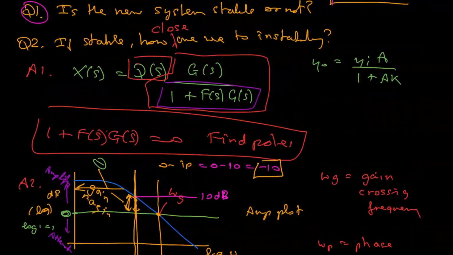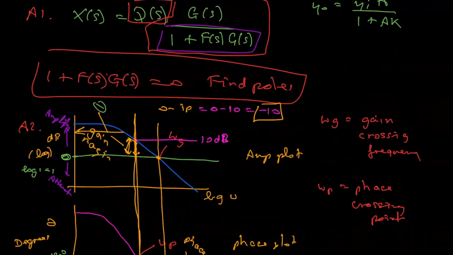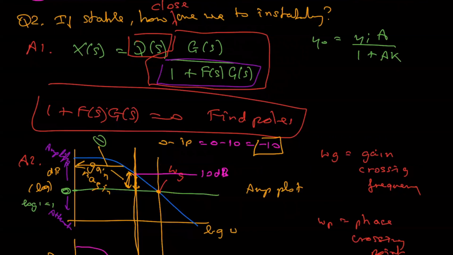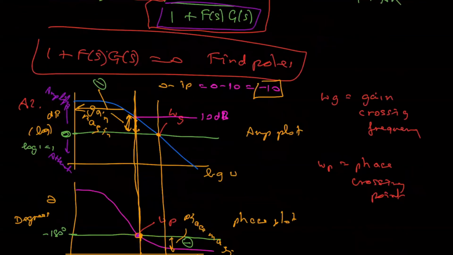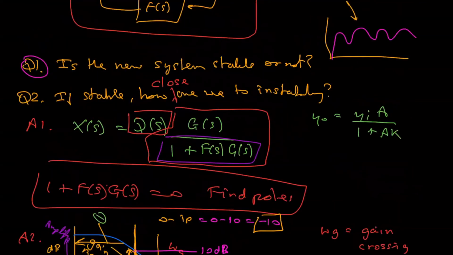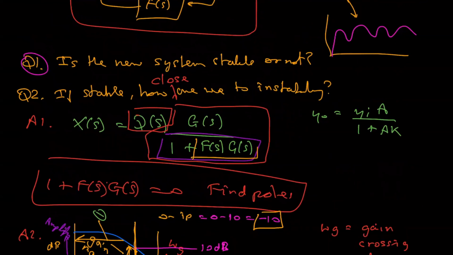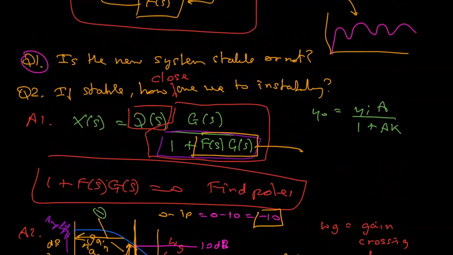There's one thing I should have said, which I forgot to say on Tuesday as well. This is actually really critical. These Bode plots that you see here have to be done not on the whole system, but on the loop gain. Remember, we talked about this term here, FG or AK.